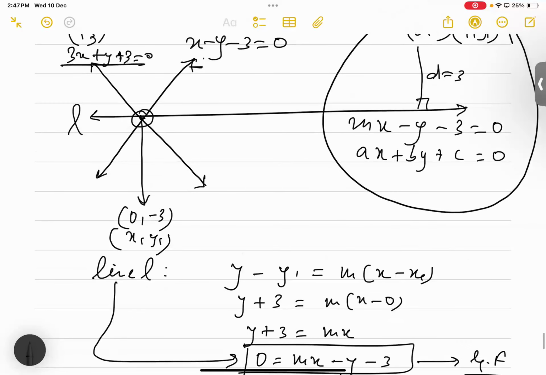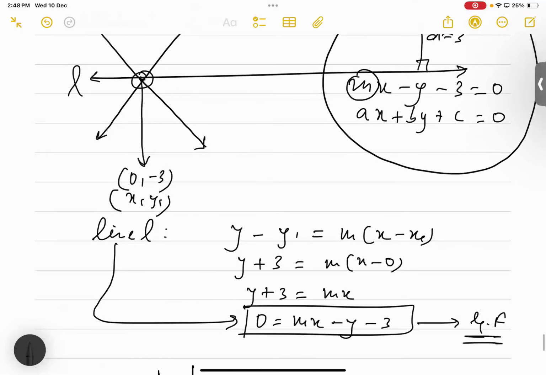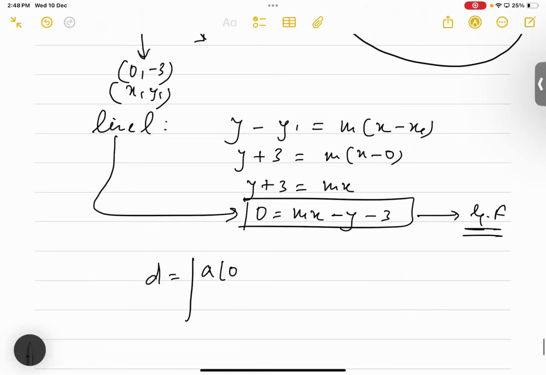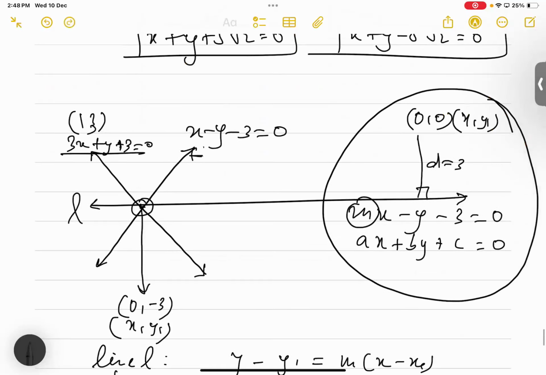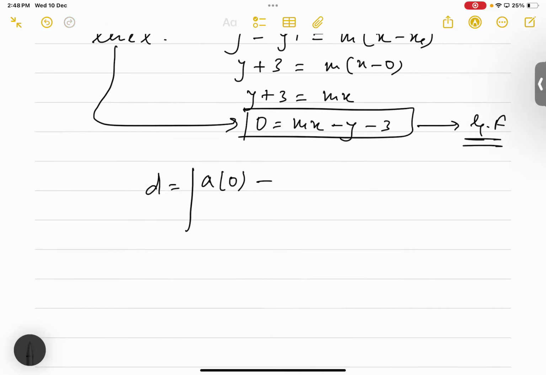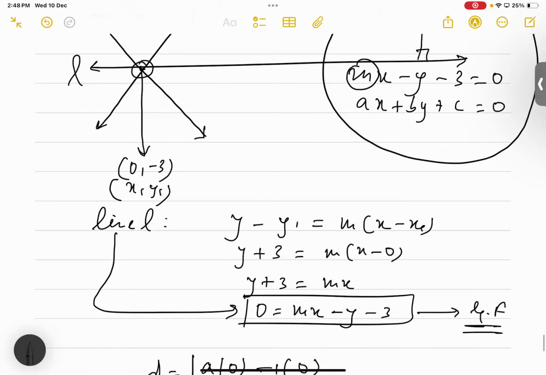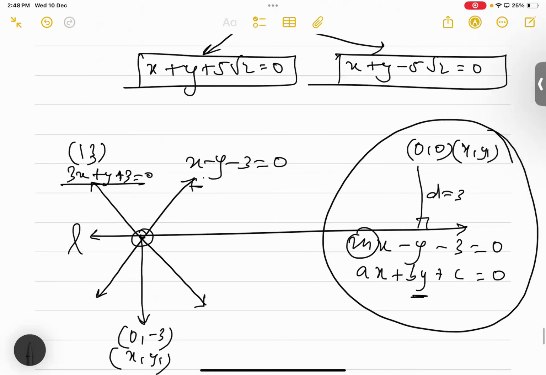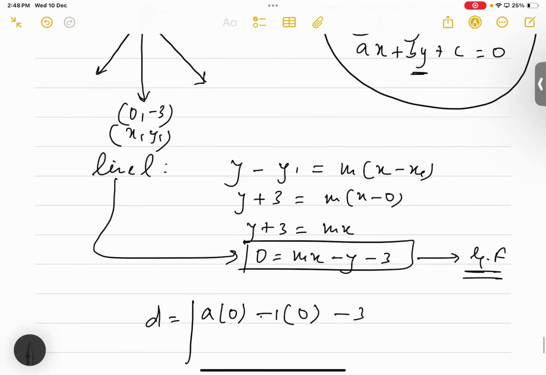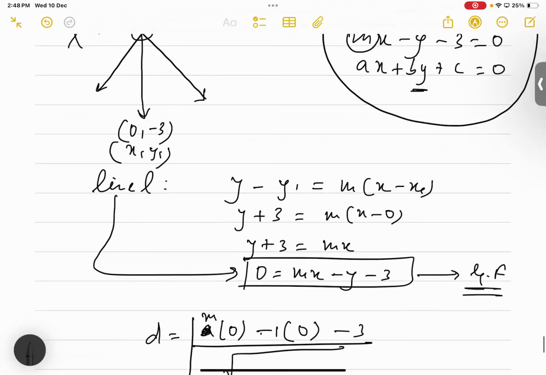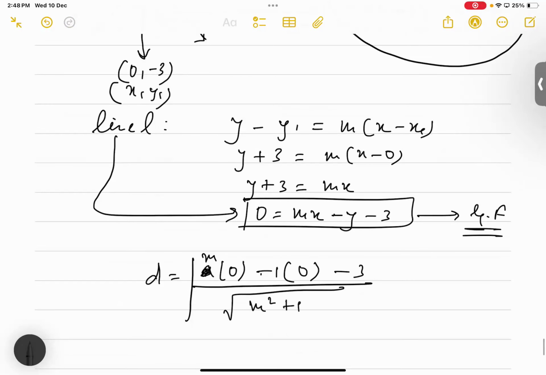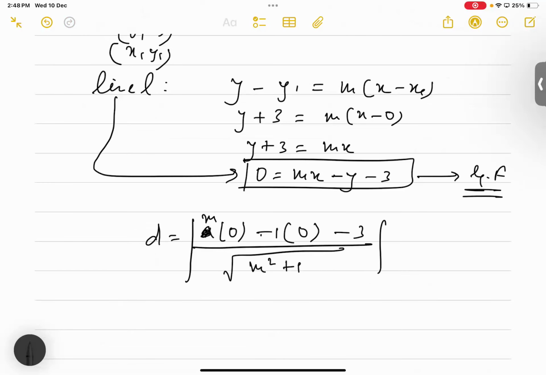A is m, x1 is 0, B is minus 1, y1 is also 0, minus 3, upon root of m square plus 1. So D is equal to minus 3 over root of m square plus 1.